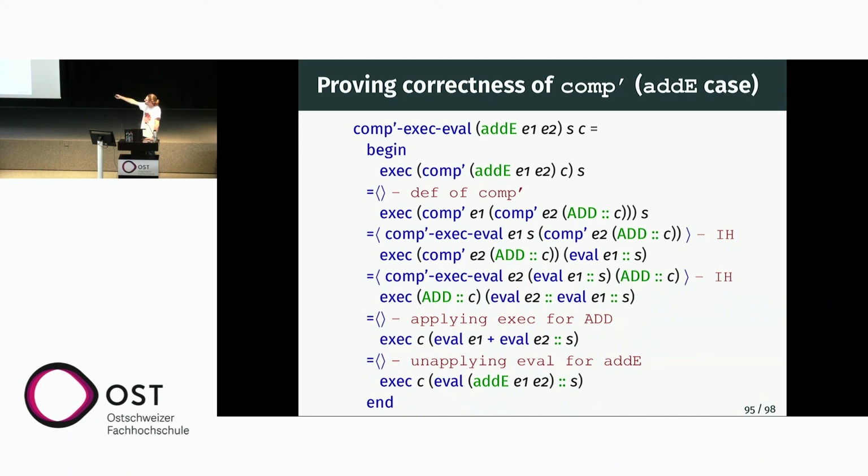So from here, it goes to here. And then for the E2, we do the same, so that also gets pushed to the stack. And then we have to execute the addition, which is the definition of the evaluator, saying addition with these 2 elements on stack is the same as pushing the sum to the stack. And that's it.